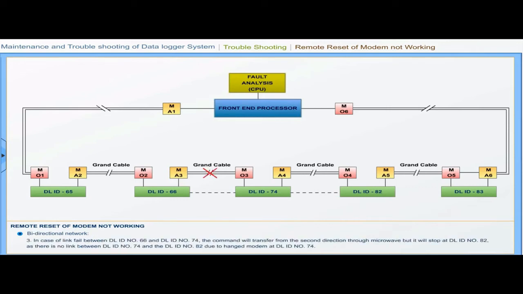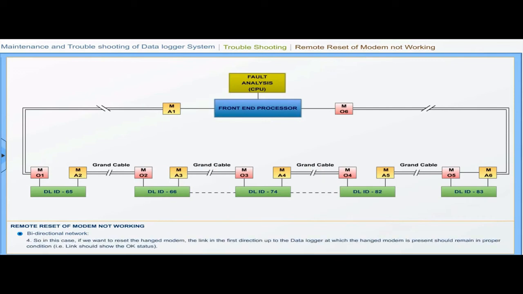In case of link fail between data logger ID number 66 and data logger ID number 74, the command will transfer from the second direction through microwave, but it will stop at data logger ID number 82, as there is no link between data logger ID number 74 and data logger ID number 82 due to the hanged modem at data logger ID number 74.